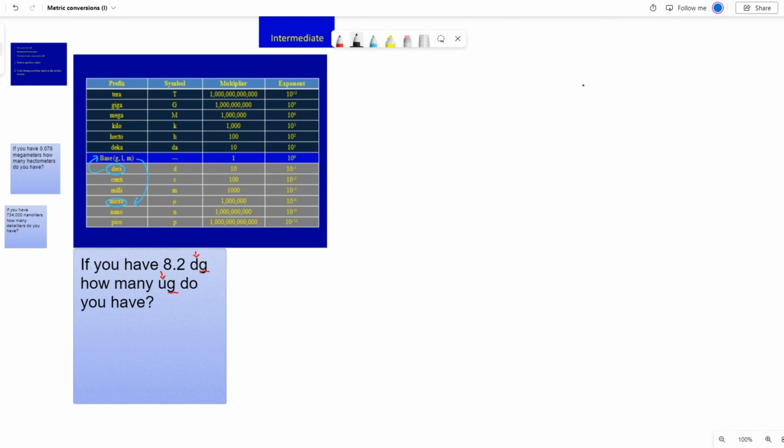We're going to go from decigrams to grams. So we have 8.2 decigrams. And again, we'll set up our conversion factor line here. We'll put decigrams on the bottom so that they cancel out, and grams on the top. And then we need to know, okay, well, how are they related to each other?